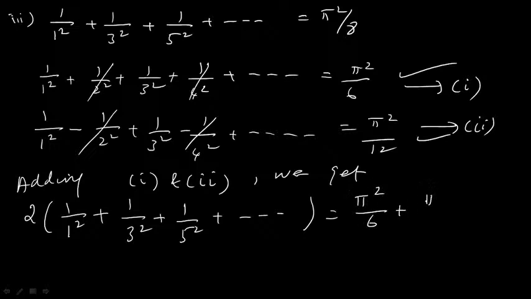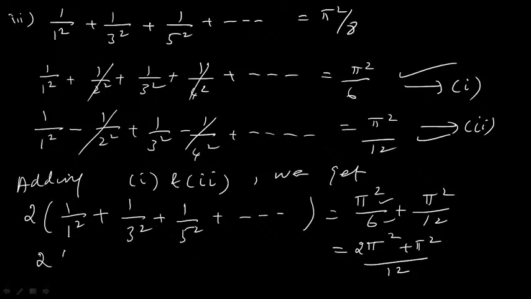That is equal to, and on the right hand side adding these two, that is pi square by 6 plus pi square by 12. So taking an LCM as 12, here you have 2 times pi square plus pi square divided by 12, isn't it? So multiplying this term's numerator and denominator by 2, you have 12 as an LCM. So here you have 2 times the series, isn't it?